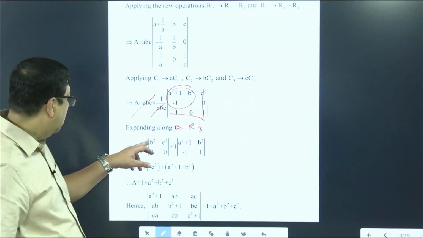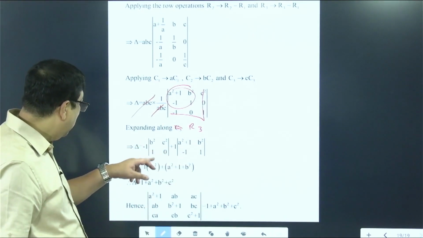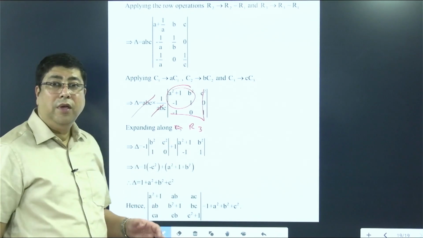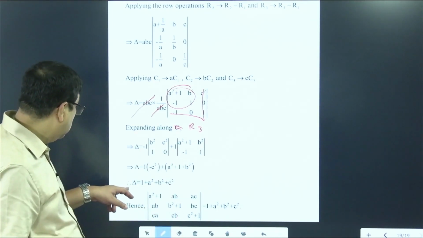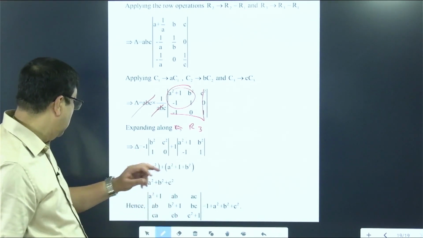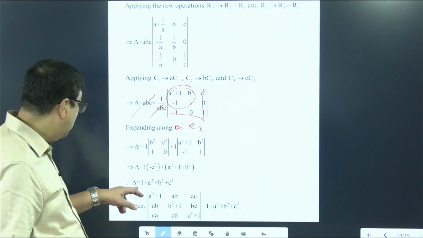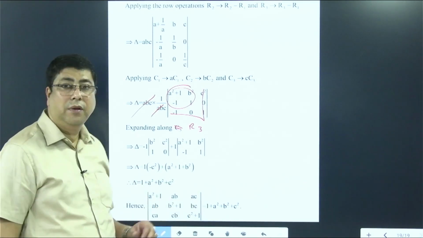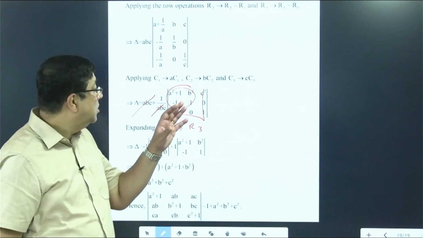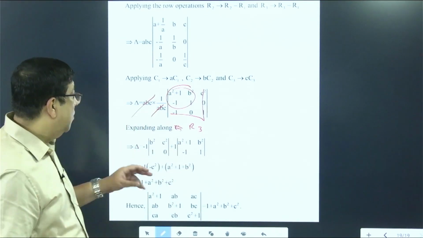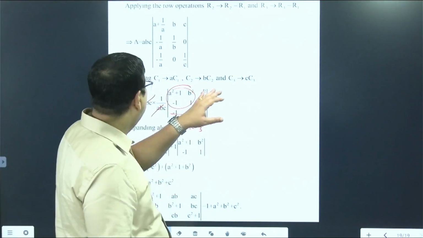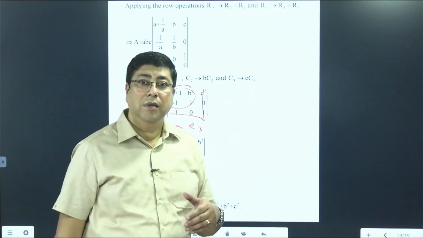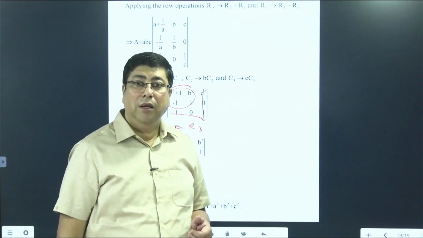Now if we just cross multiply, B square into 0 minus C square, similarly we are getting this. Delta, it means the determinant, equals 1 plus A square plus B square plus C square. So these types of problems are very important, where you have to multiply and take common. You have to practice continuously. Let us do the next sum.